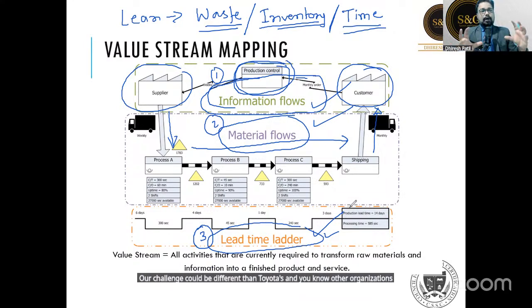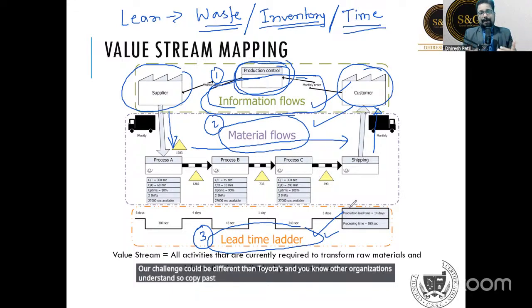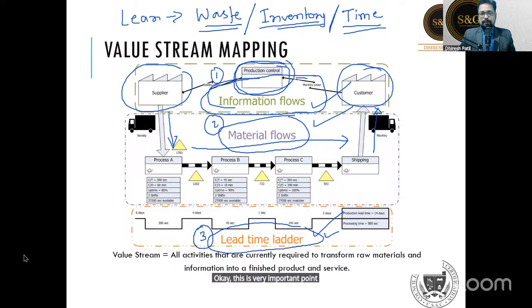So copy-pasting is not required, but understanding the framework and modifying it according to our requirement is what is required in the lean approach. This is a very important point I'm driving home here.